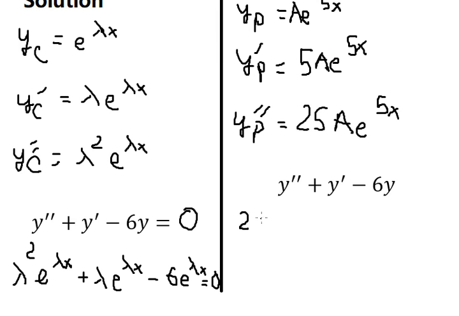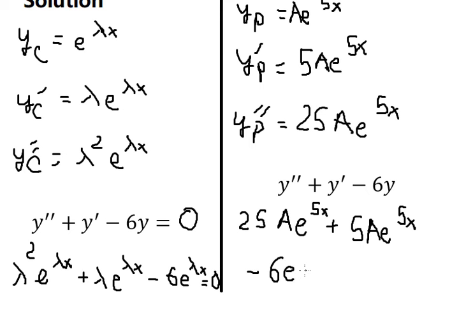So we have 25A e to the power of 5s plus 5A e to the power of 5s minus number 6A e to the power of 5s.